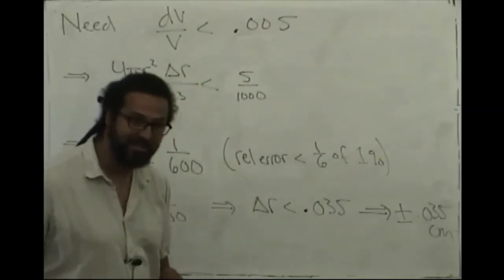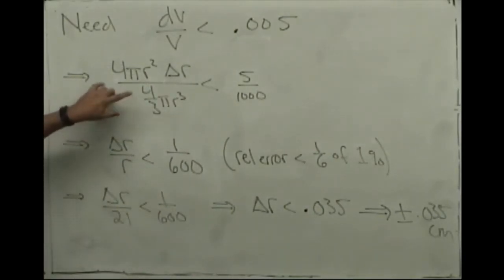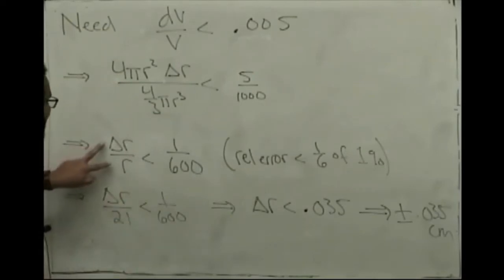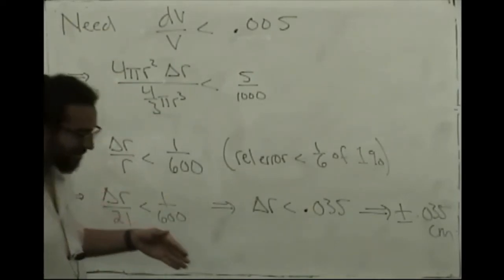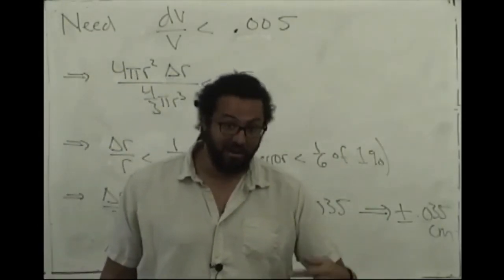I'm going to use fractions because that helps me see what's going on a little better. Now I'm going to just solve for delta R over R. That's going to give me the relative error of the radius. It's d the thing over the thing that is the relative error of the thing.